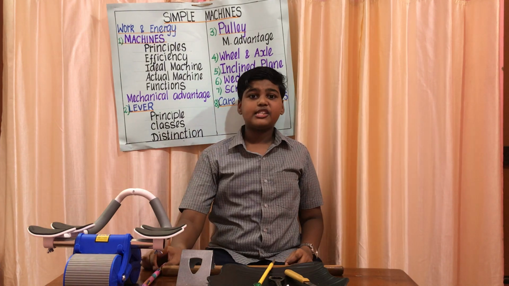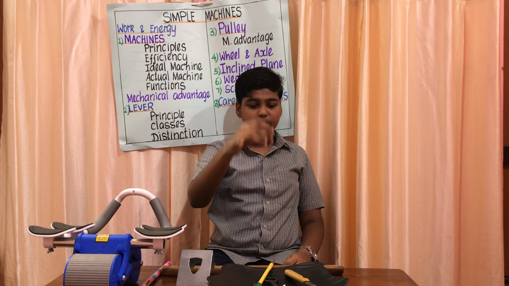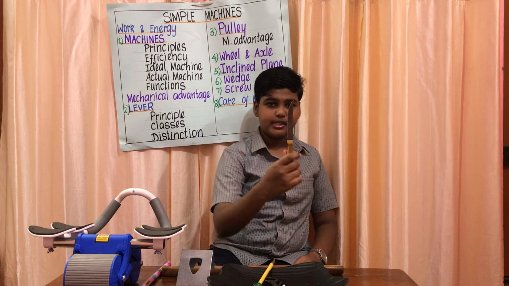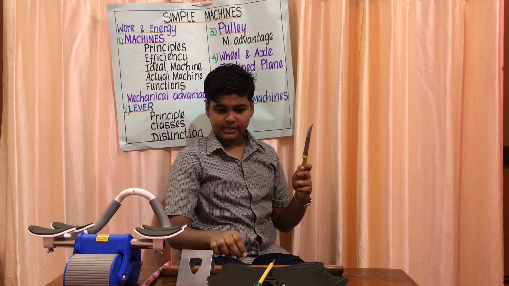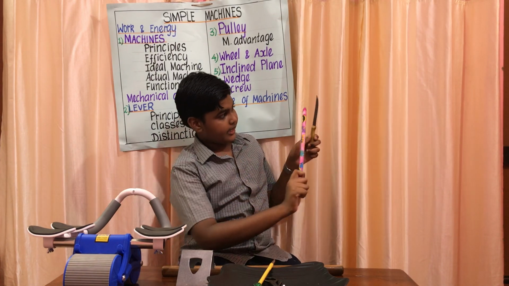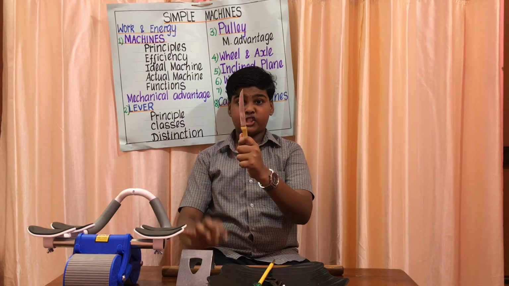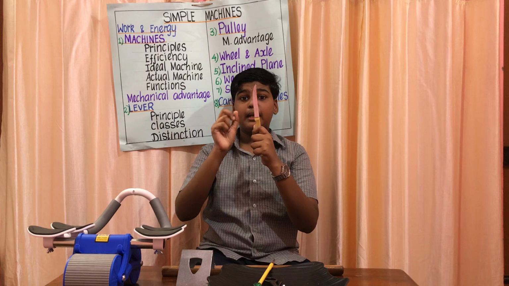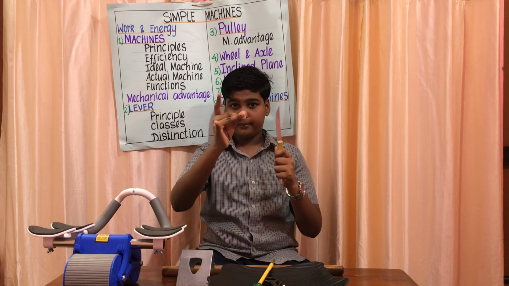So the next is about the wedge. A wedge is made up of 2 inclined planes. I'll show you this, okay? This is a knife, right? It's made up of 2 inclined planes. Here is one inclined plane, here is one inclined plane, right? So a wedge has a sharp edge and is made up of 2 inclined planes put together.